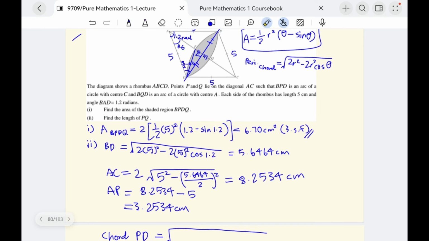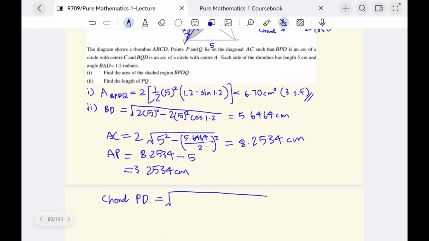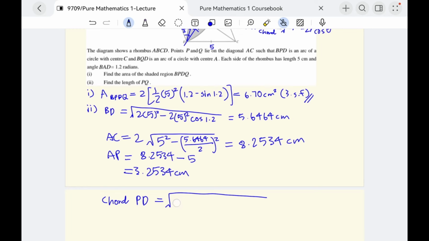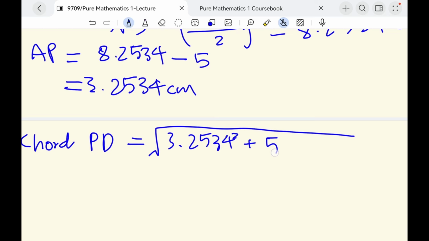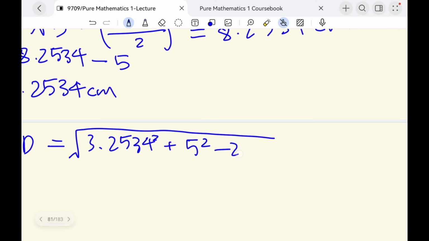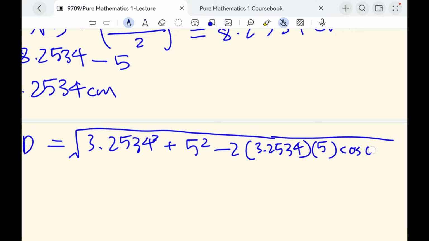But this time these two lengths are different. So you square 3.2534 square plus 5 square minus the twice of the 3.2534, 5, and cosine 0.6.